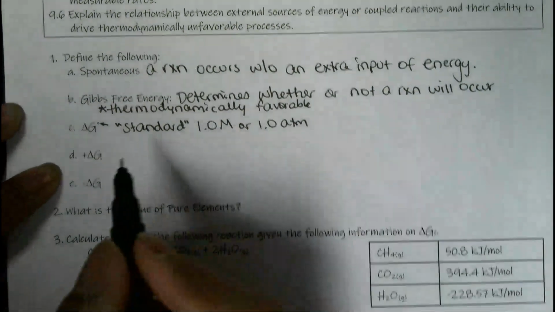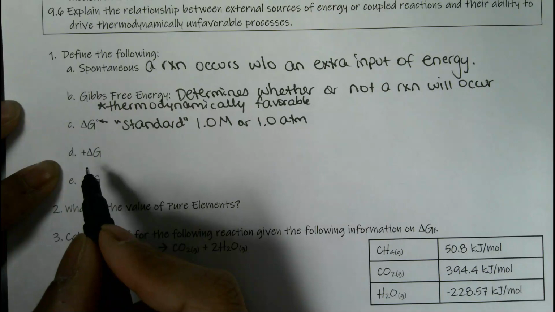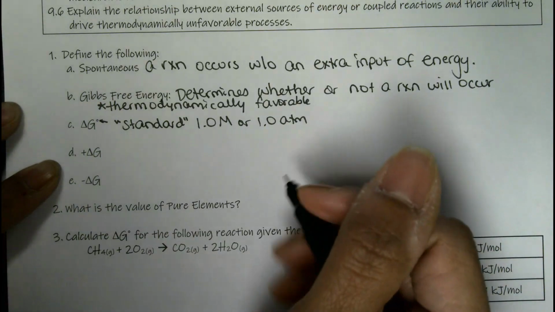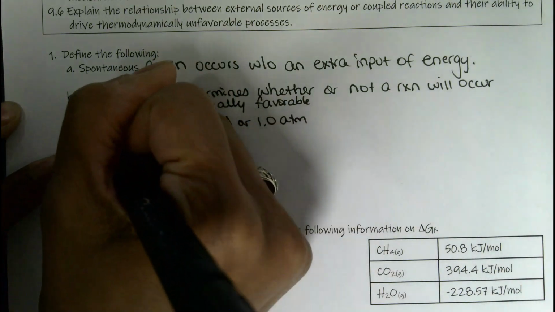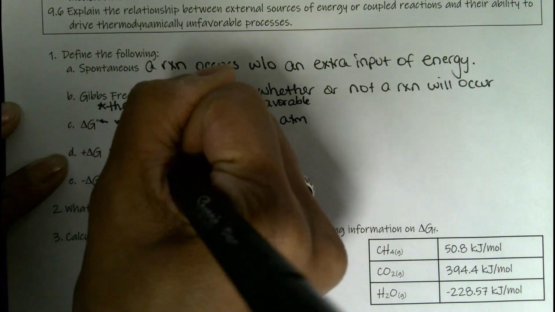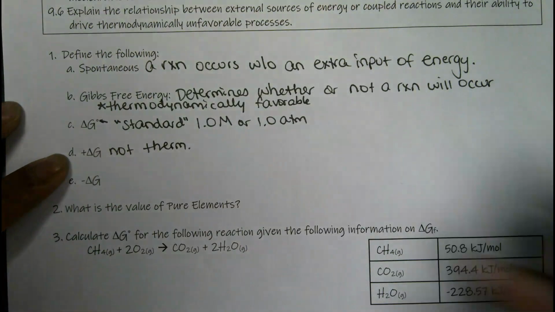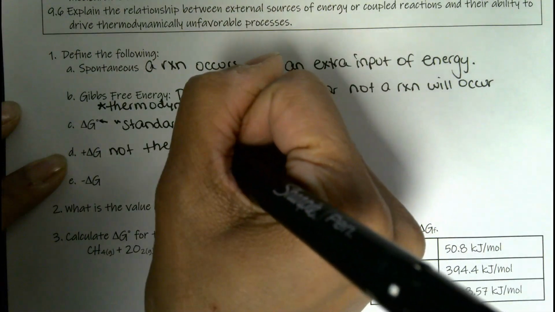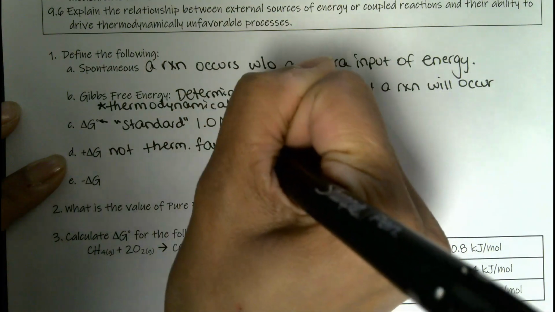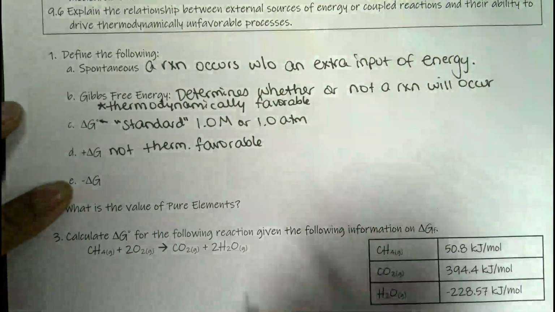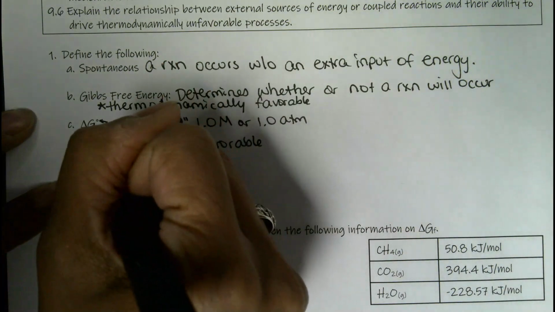If we had a positive delta G, this is thermodynamically unfavorable, so not thermodynamically favorable. Whereas a negative delta G is thermodynamically favorable.